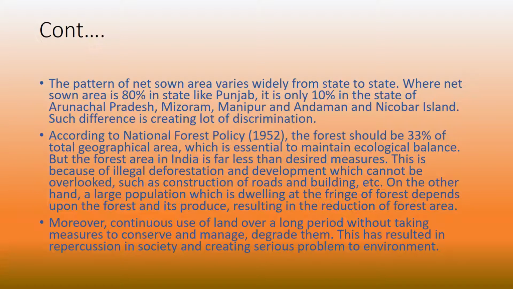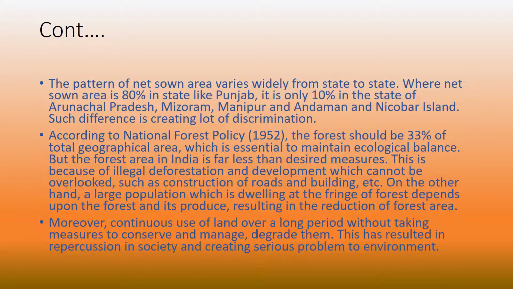According to the National Forest Policy 1952, forest should be 33% of the total geographical area, which is essential to maintain ecological balance. But the forest area in India is far less than the desired measure. This is because of illegal deforestation and development which cannot be overlooked, such as construction of roads and buildings.